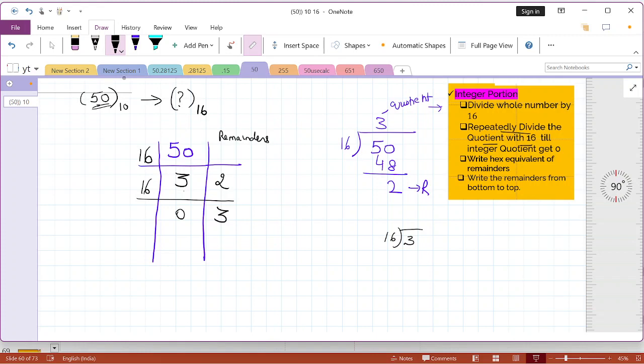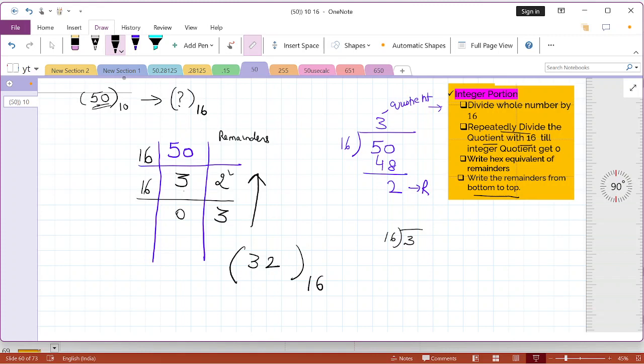These remainders will form our hexadecimal number. The hexa equivalent of 2 is 2 and the hexa equivalent of 3 is 3. And now we are going to read in the reverse direction, from bottom to top. And it will come like this, that is 32.